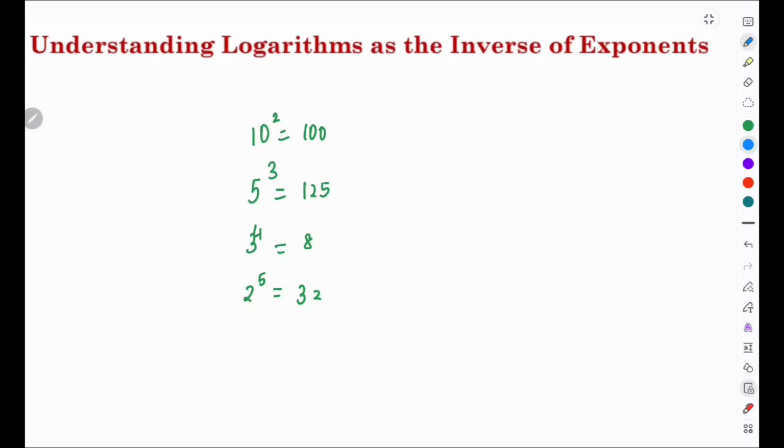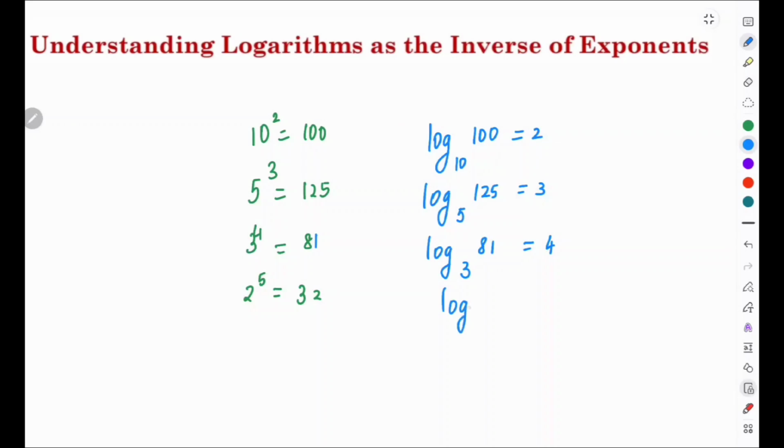Now, there is something called logarithms, which gives you the power. So log 100 to the base 10 is equal to 2. Log 125 to the base 5 is 3. Log 81 to the base 3 is 4. And log 32 to the base 2 is 5.